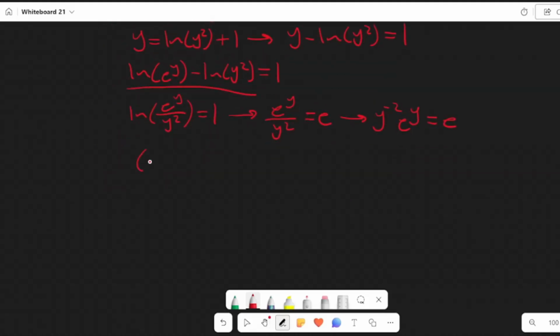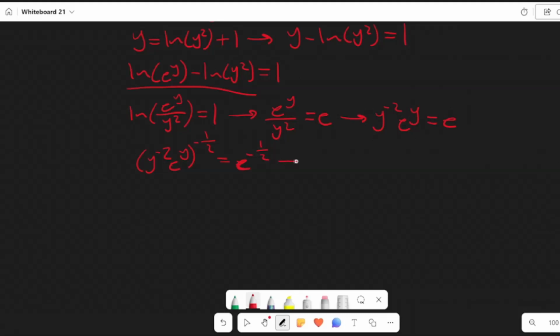And the reason for this is because when we raise everything to the negative 1/2 power, we get something of this character. So negative 1/2 times negative 2, that's just equal to 1.